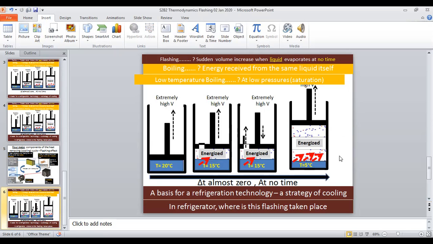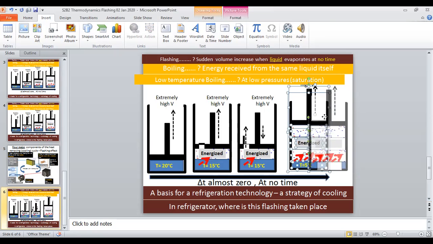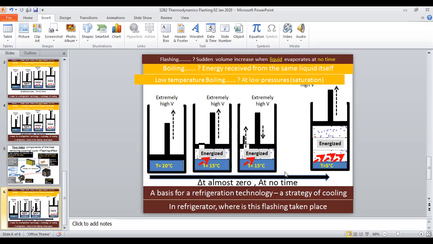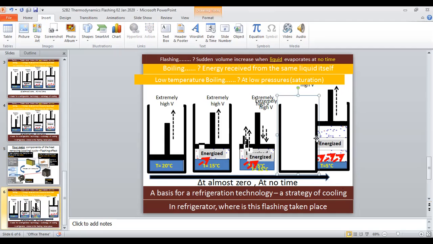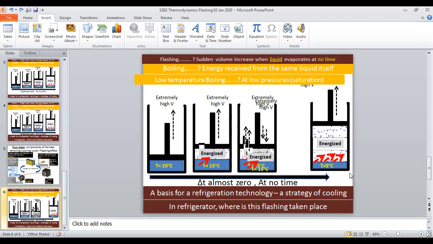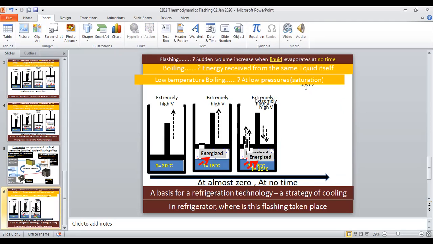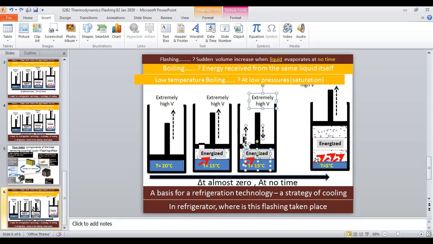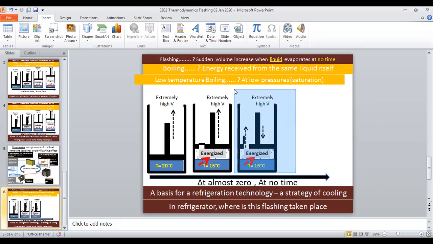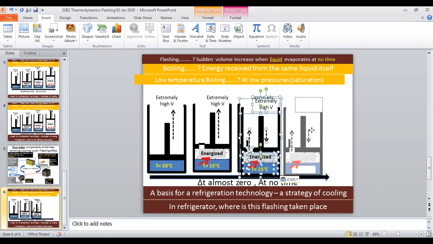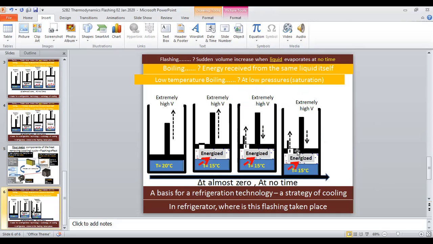The vapor escapes, and as a result the piston will move here.